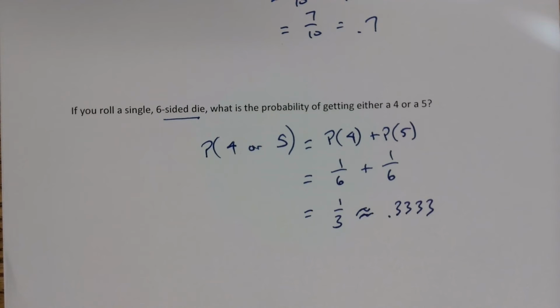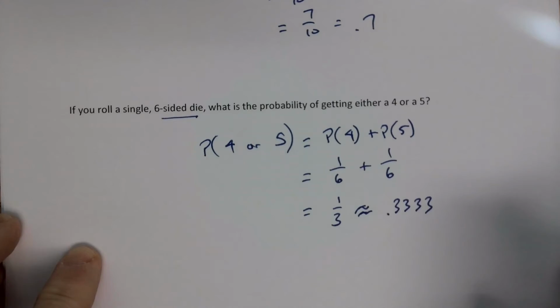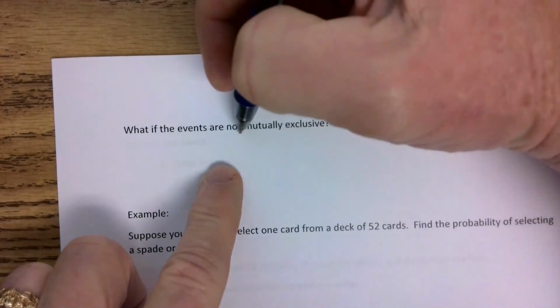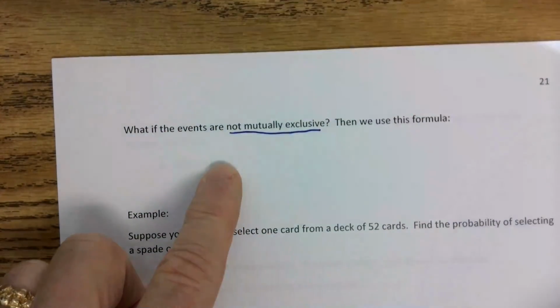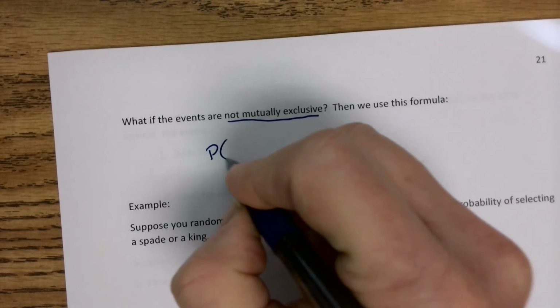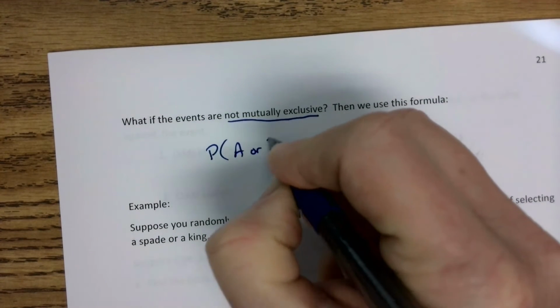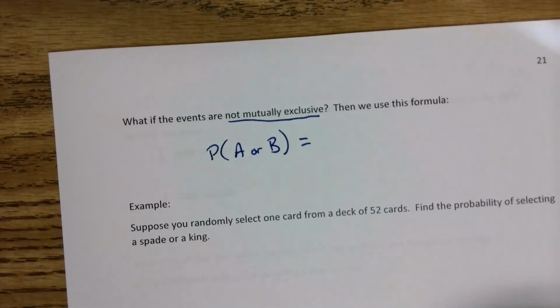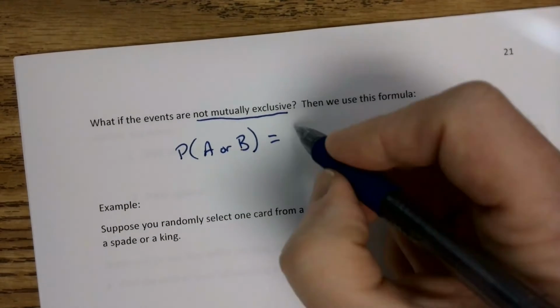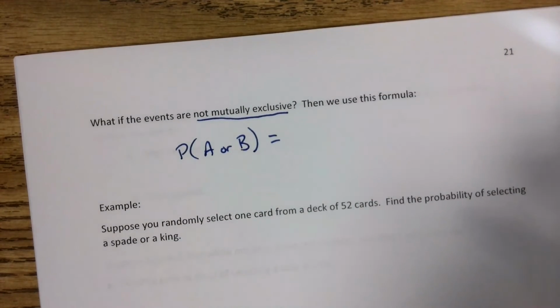Okay, so that's the easy part. Now, the part that might confuse you. It's only one page, that's nice. What if they are not mutually exclusive? So the probability of A or B, we would use this formula. This formula works for the other ones too.